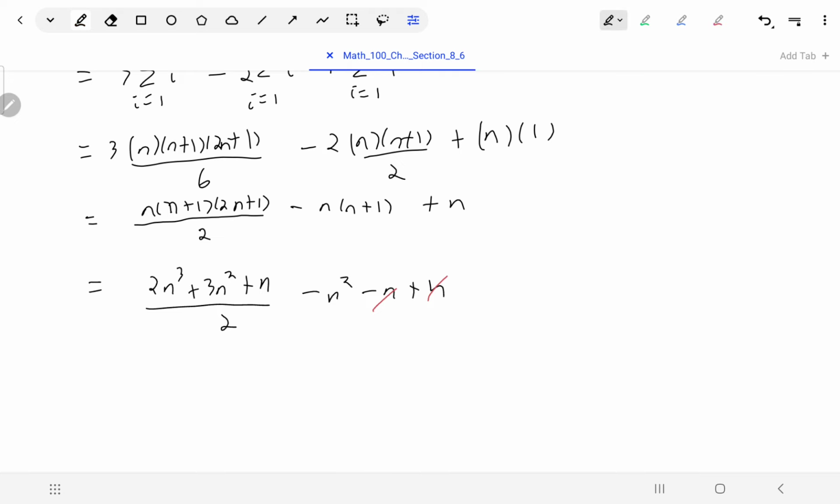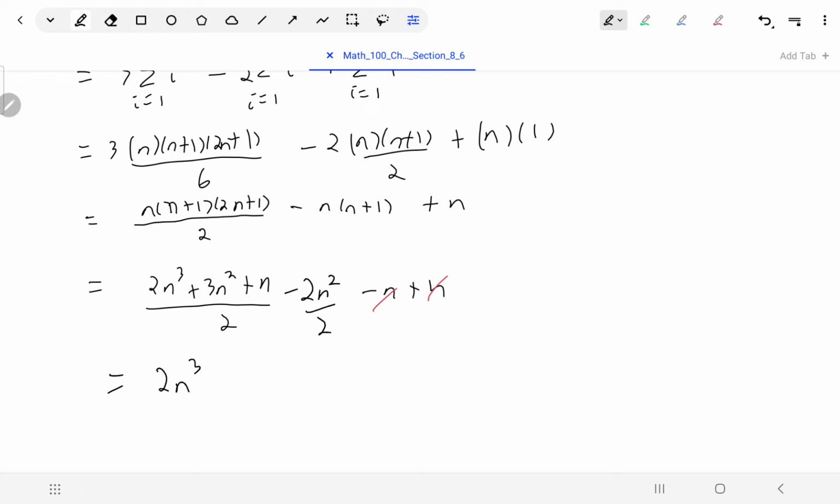And the last thing that I could do, I could combine these two together by making a common denominator. So I have minus n squared, but I'll rephrase that as minus 2n squared over 2, so that I can say, well, I had 3n squared minus 2n squared, which is 1n squared.